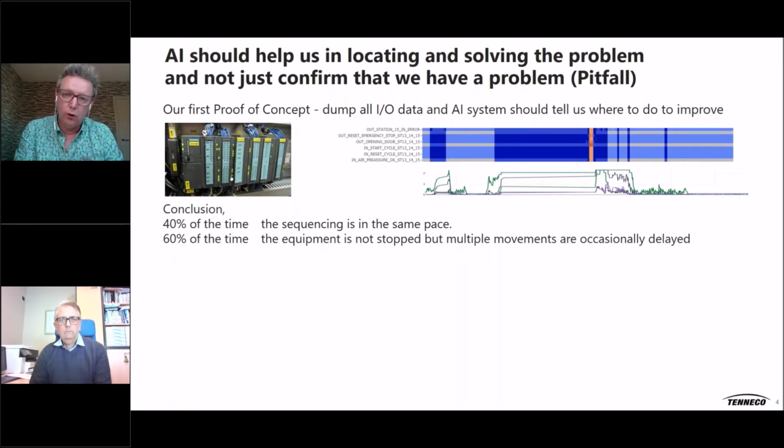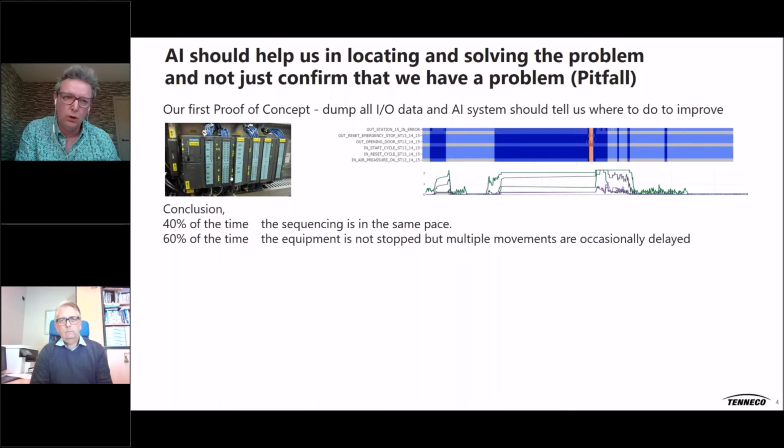And in fact, what we learned is that, while we wrongly thought these machines run very stable, these machines are in fact only 40% of the time running always in the same sequence, but 60% of the time out of sequence. They are not stopped, but they are just slowed down due to a very small component in these machines.